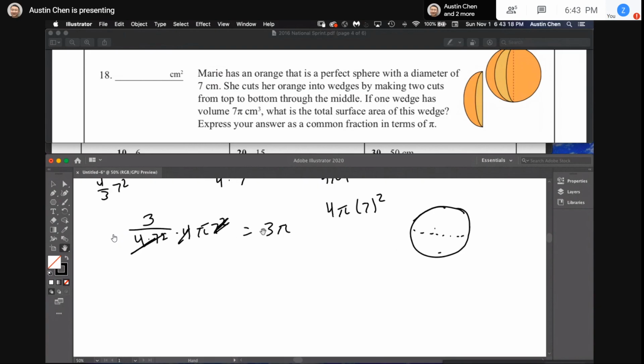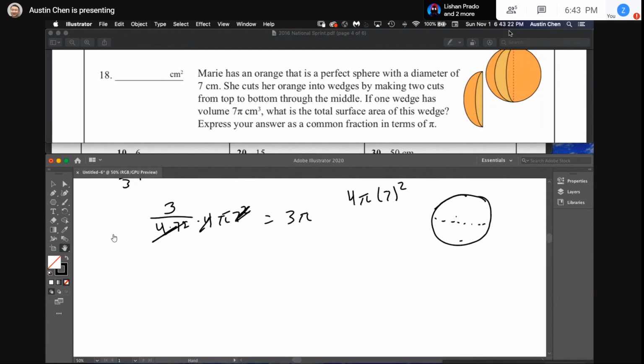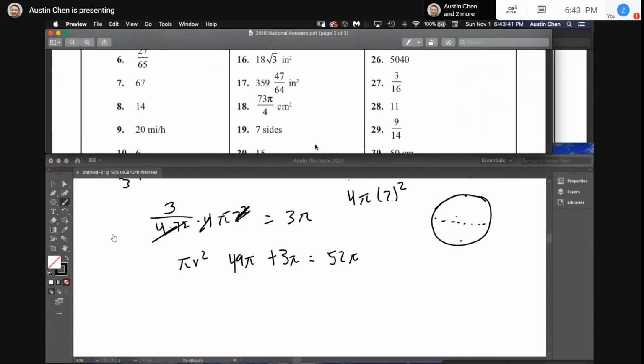Then we add it to our peel surface area, and we'll get our answer. So what is the area of a great circle of the sphere? It's just going to be pi r squared, and the radius is 7 centimeters, so that's just going to be 49 pi. Then we add this to 3 pi, and our answer is 52 pi centimeters cubed.